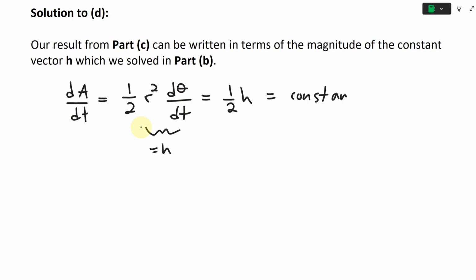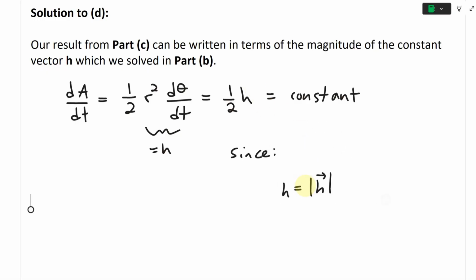Since it's just constant, I'll put it down here actually. So that's 1/2 h equals constant. Since h vector, I mean the h equals to right here. Or actually, better yet, we can move this down.